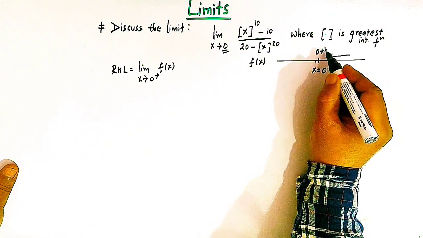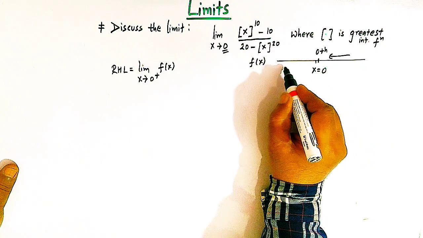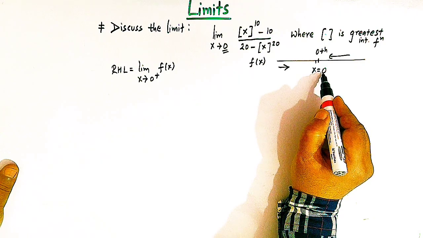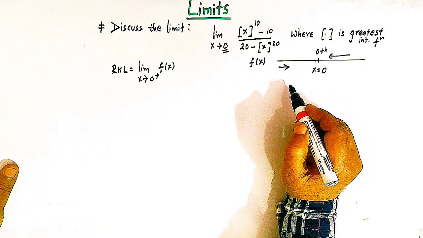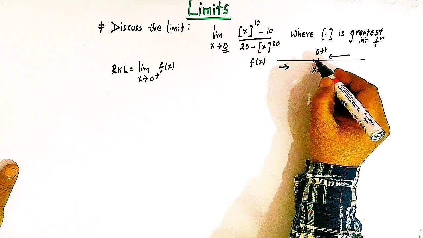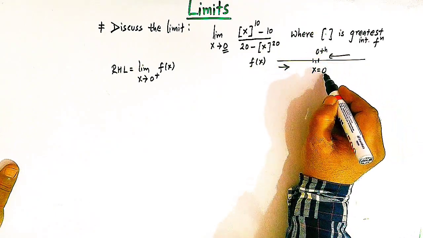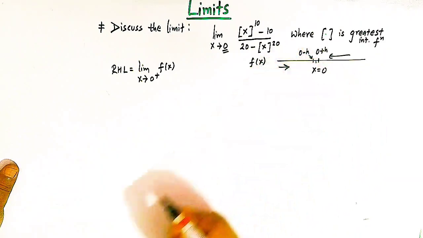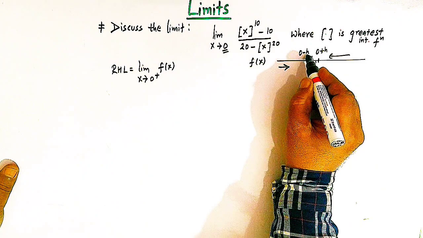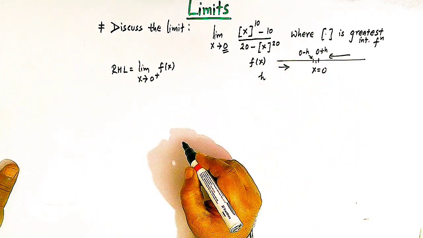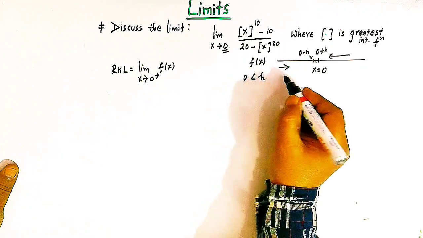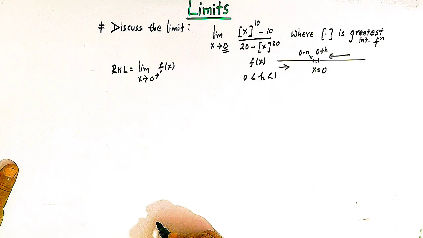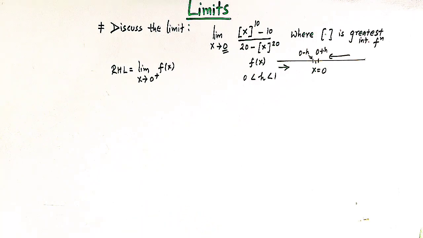And when we calculate the left hand limit, we approach x equal to 0 from the left, and we arrive at a point in the neighborhood of x equal to 0, and we say this point is 0 minus h. And remember, this h is a positive quantity, greater than 0 but less than 1, and h is infinitesimally very small.